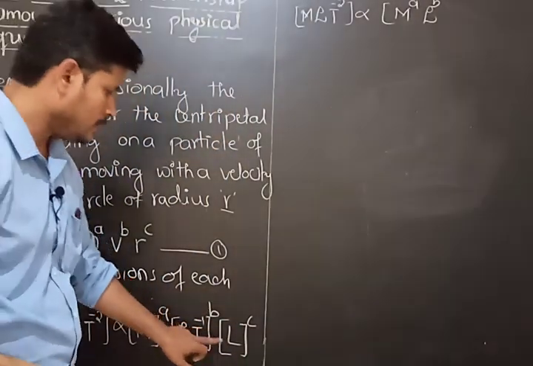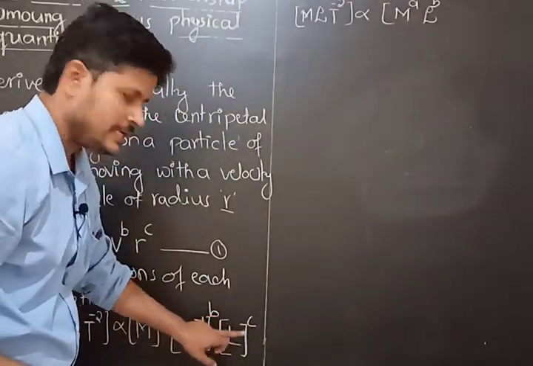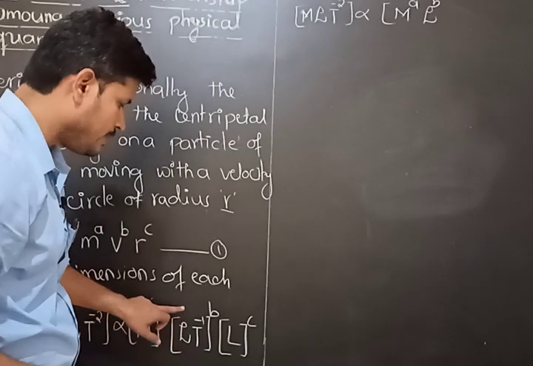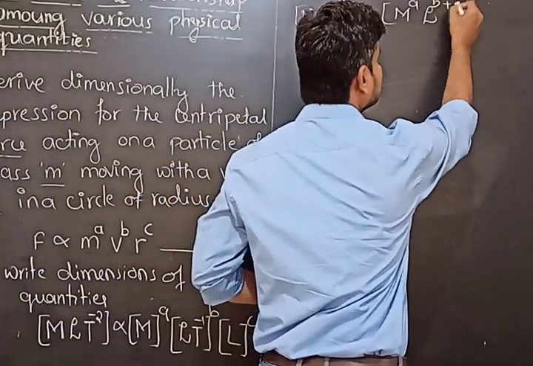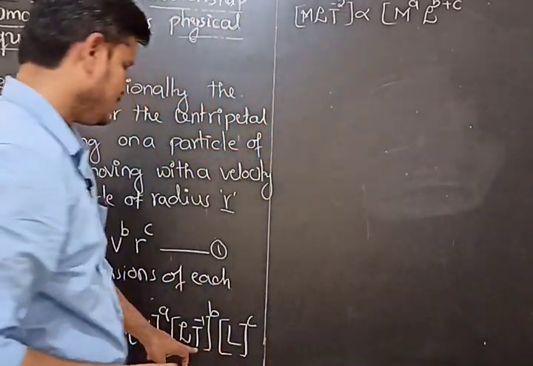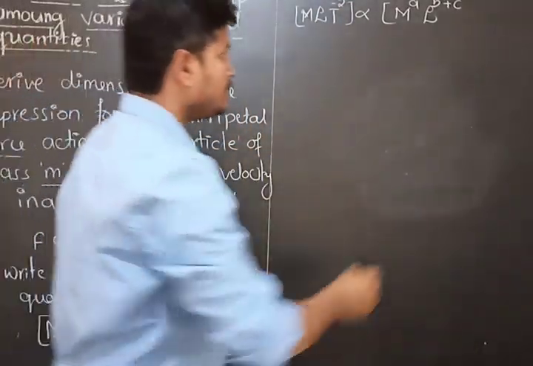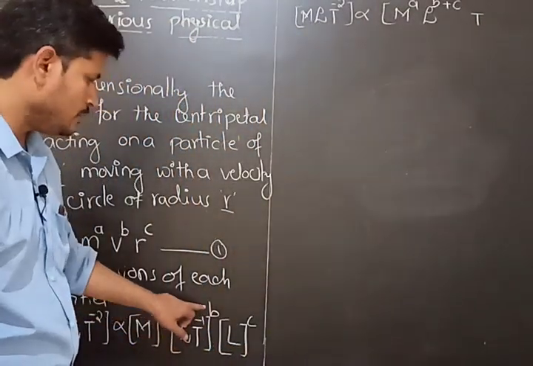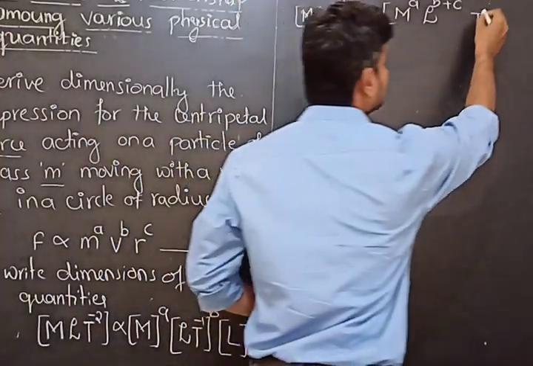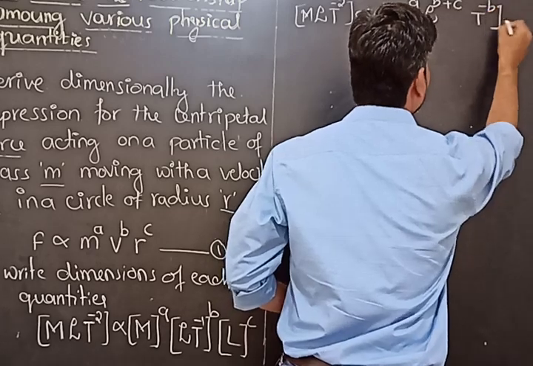Next, into L raised to 1 into c, L raised to c. L raised to b into L raised to c gives L raised to b plus c. Next, t raised to minus 1 into b, that is t raised to minus b. Correct?